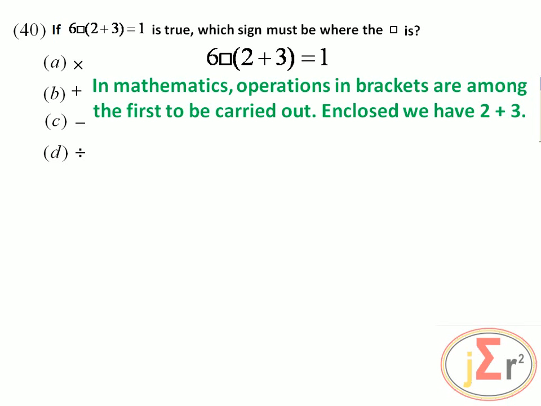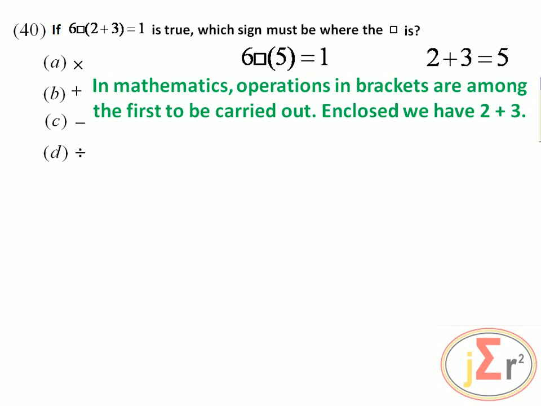And because those are enclosed in the brackets, we may perform that operation first. So let us do that. 2 plus 3, and that is equal to? 5. Therefore, where we have the 2 plus 3 in the brackets, we may replace that with 5.